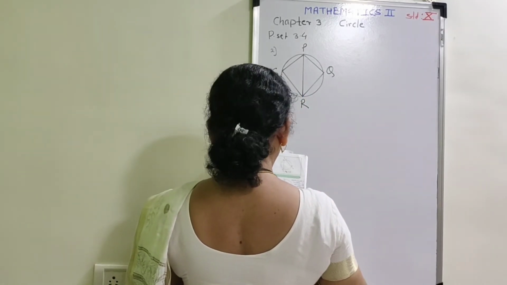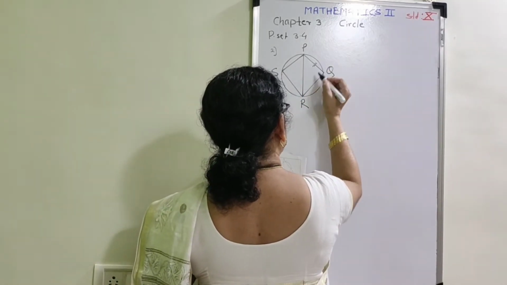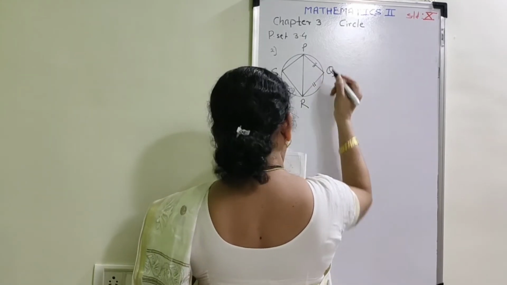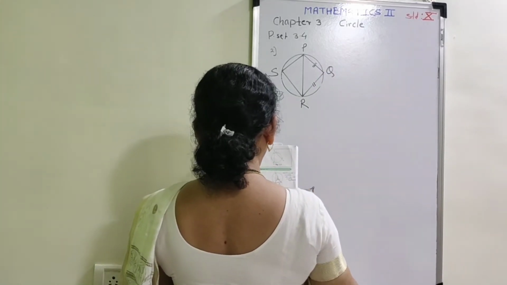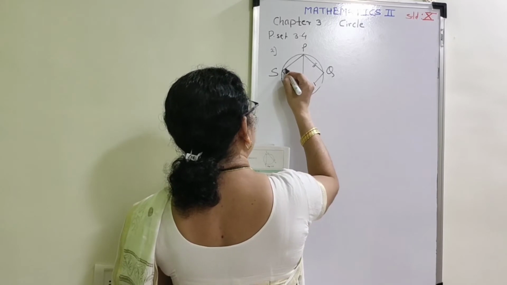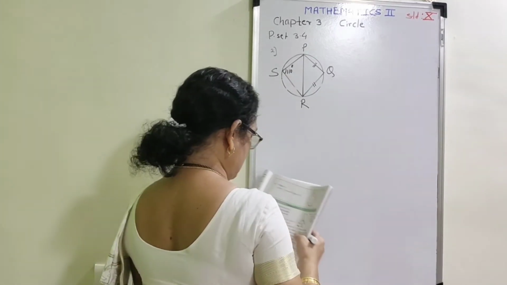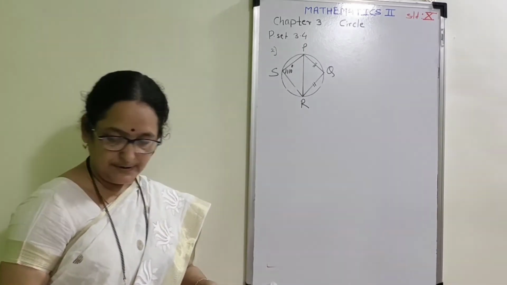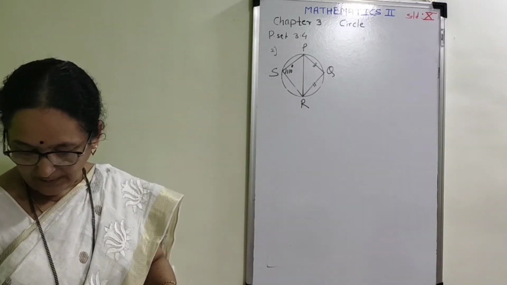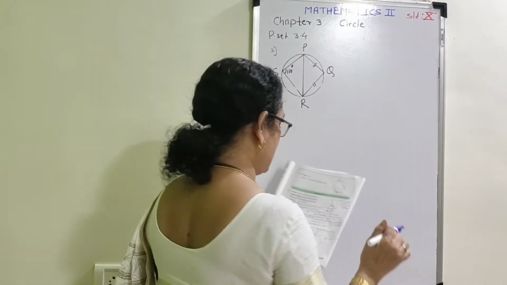Also they have given that side PQ is congruent to RQ. Also angle PSR is equal to 110 degree. Here also we will discuss the entire example orally, and then we will complete the questions which are given.